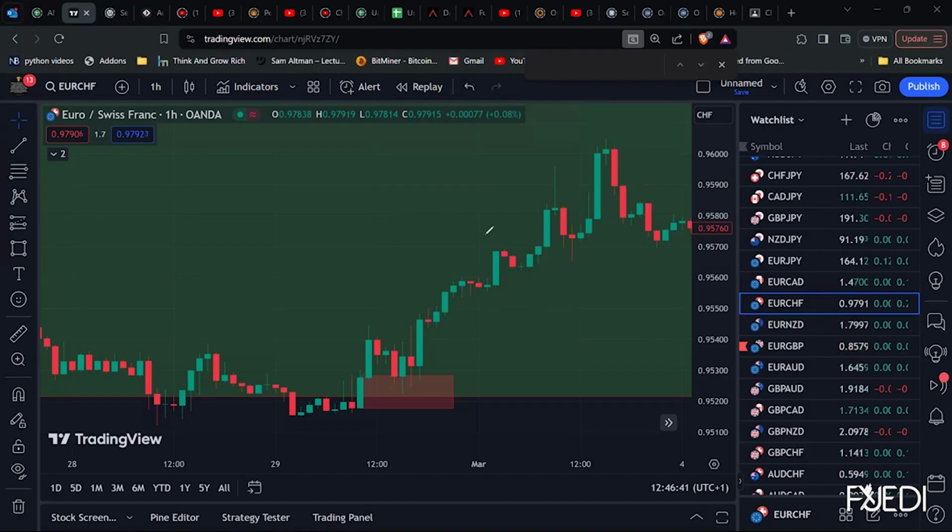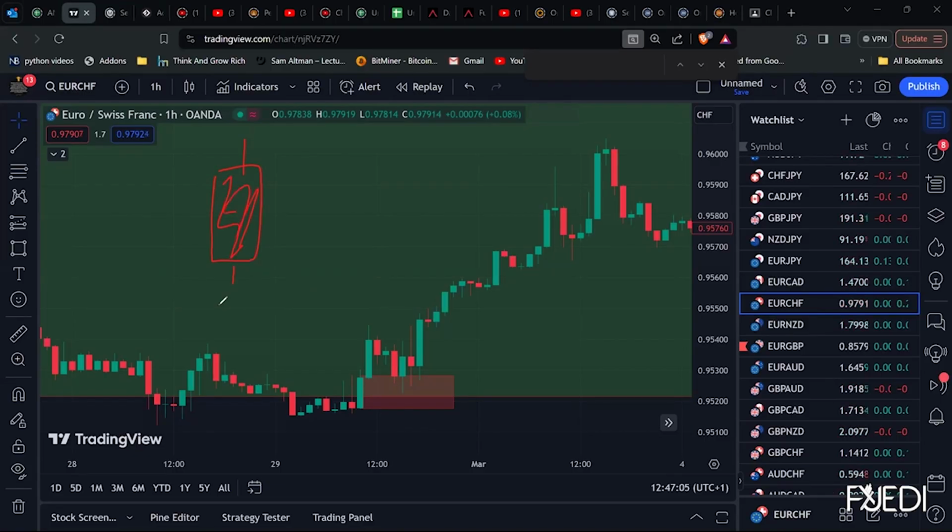Okay, so an absorption candle basically is a candle... actually, let me just draw here. Let's say the market is bearish. We don't need multiple candles. Let's say this is a bearish candle, it's red.